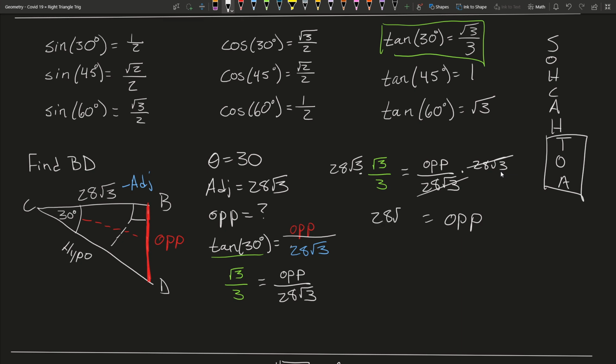Then we have 28 rad 3 times rad 3 divided by 3. And now we just need to simplify, and if need be, we need to rationalize. Okay, so in the numerator, rad 3 times rad 3, that's just equal to 3.